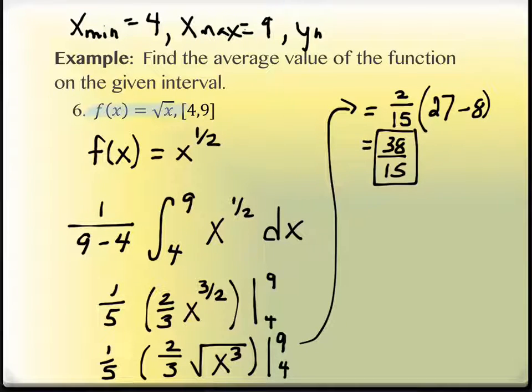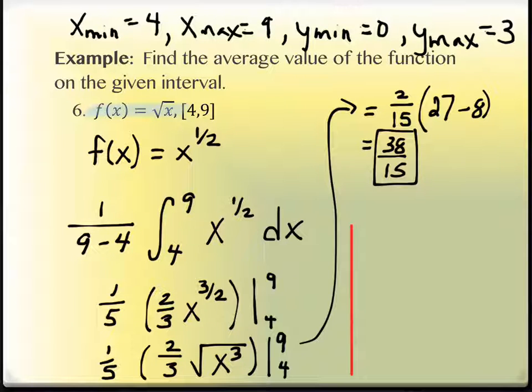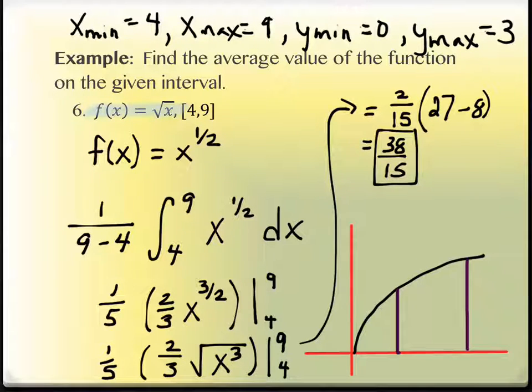Your y min is 0. And your y max should be 3. And you should have an image. You're not going to see the y-axis because I told you to start it where I told you to start it, but your whole image looks like this. Do you have something that looks roughly like that?